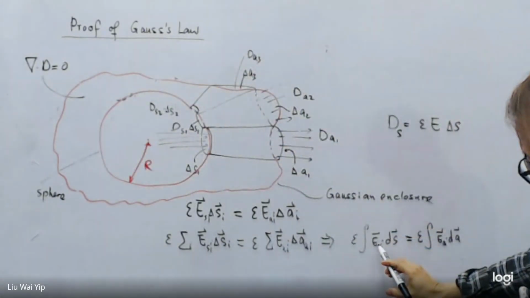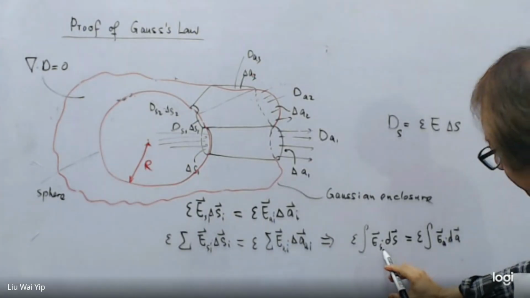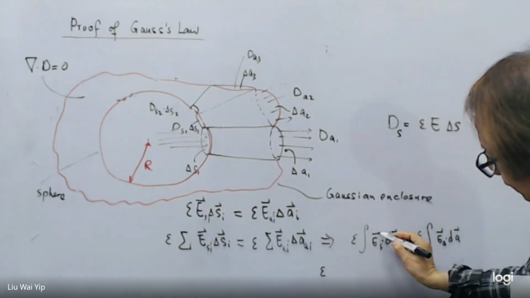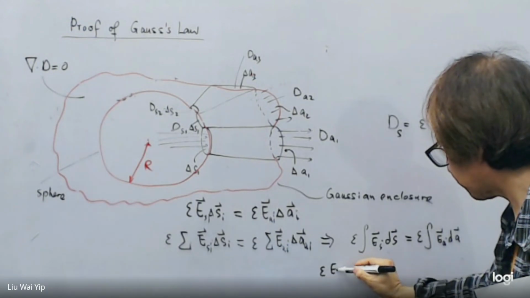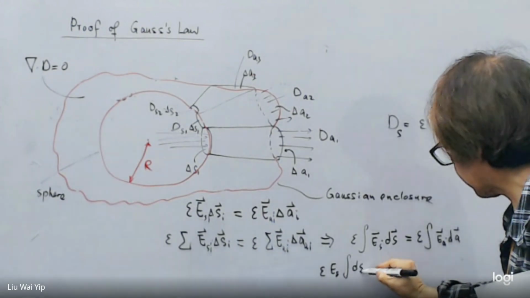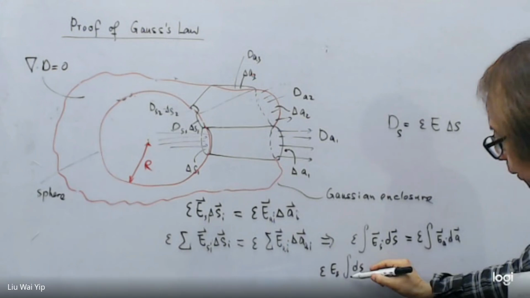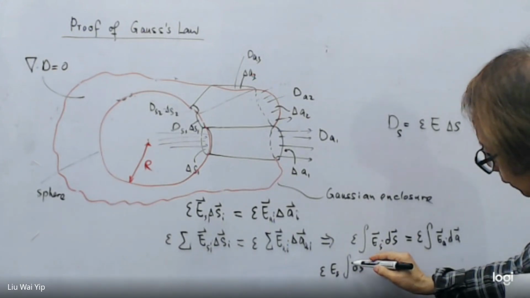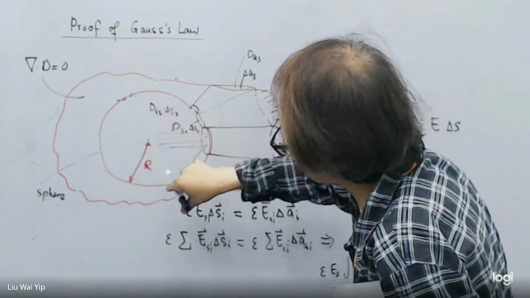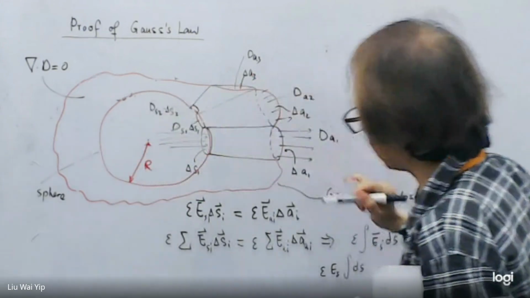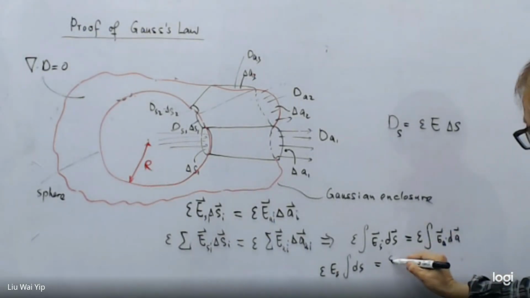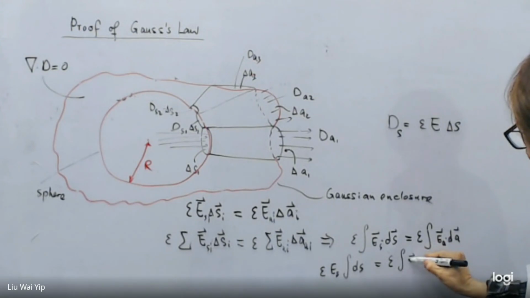So E of S can be taken out of the integral, and the vector can be removed. So we use dS. Integration of dS is obviously the total surface area of the sphere. And the right side can be copied as before.